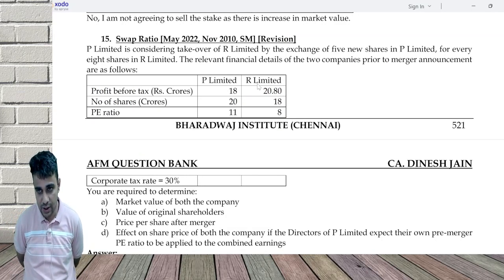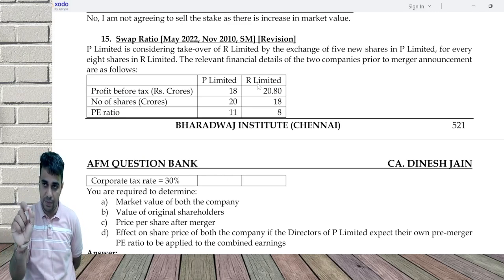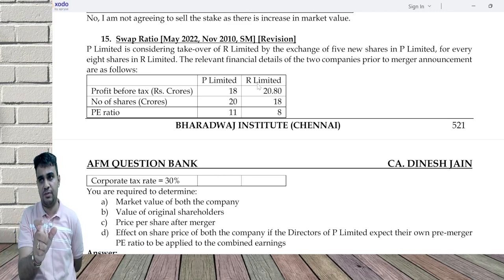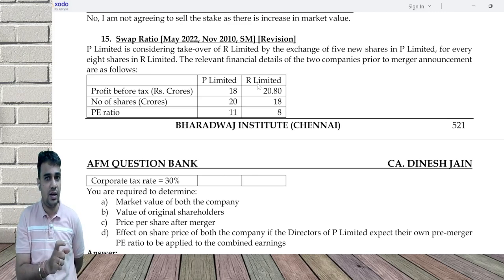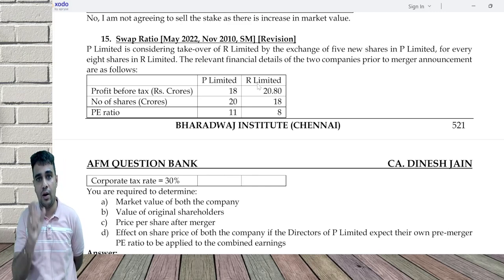Impact of merger on market price per share: that is post merger market price, normal for the first company, equivalent for the second company. Deduct the pre merger market price, get the gain or loss per share.